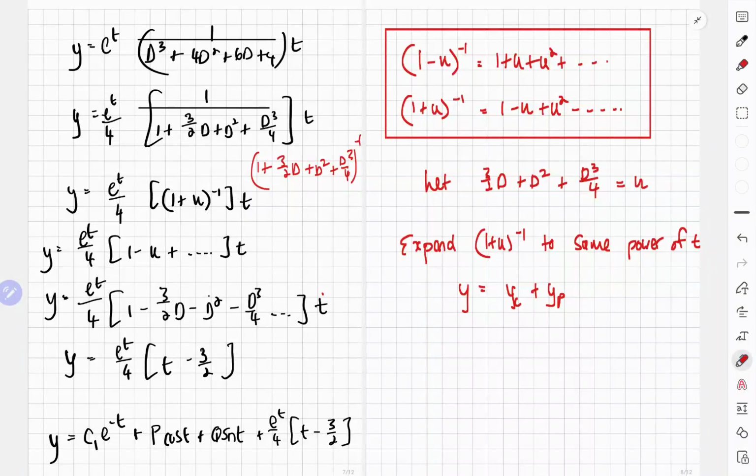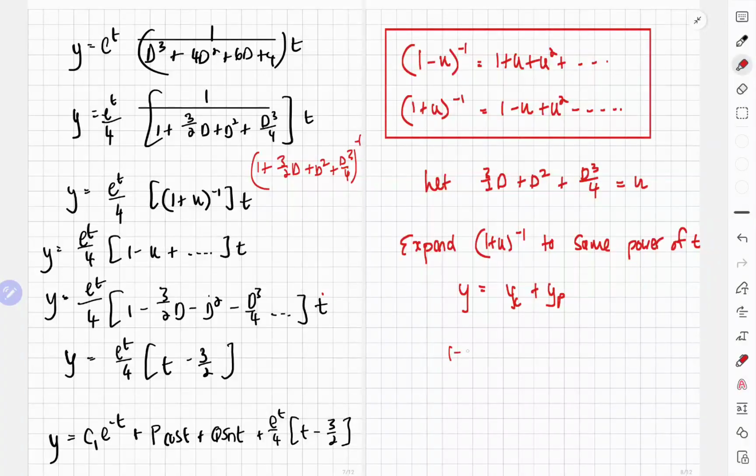Now I'm going to say a very important thing, because how do you know where to stop since it's a binomial expansion? You will always expand to the same degree of what you're acting on. So if you're acting on t, that's why I've just stopped at u.